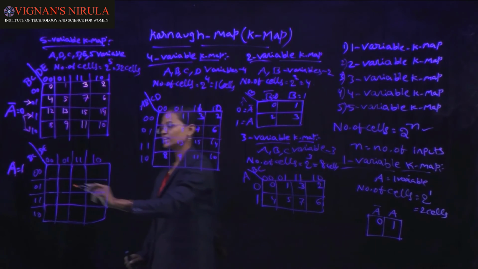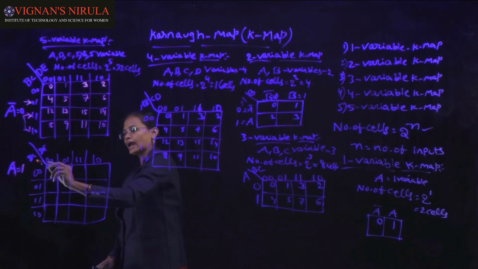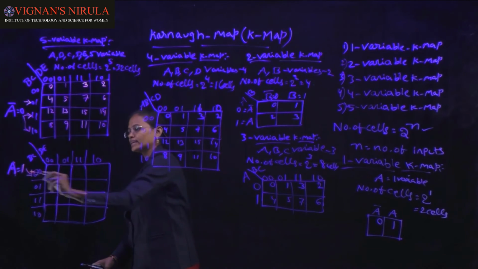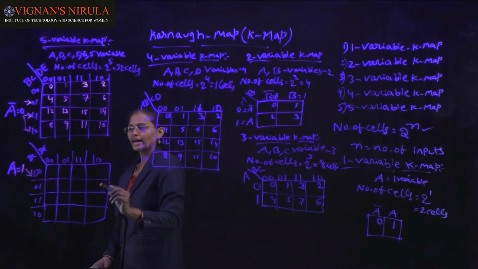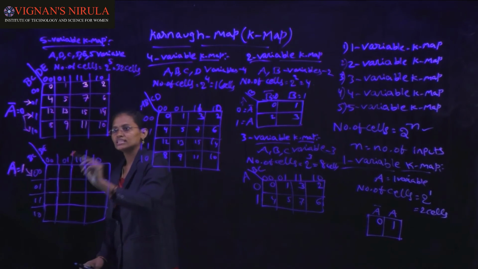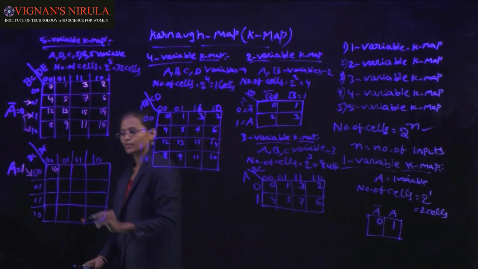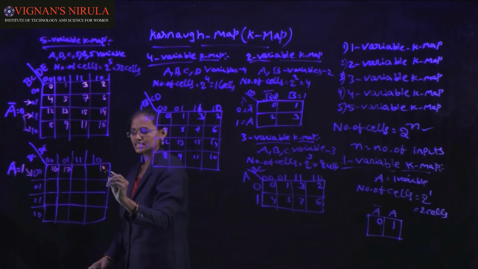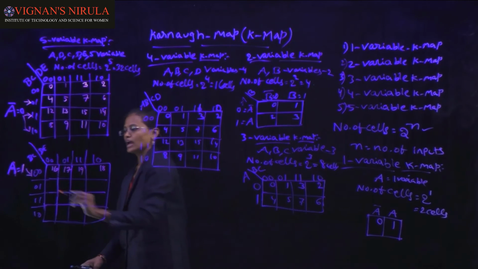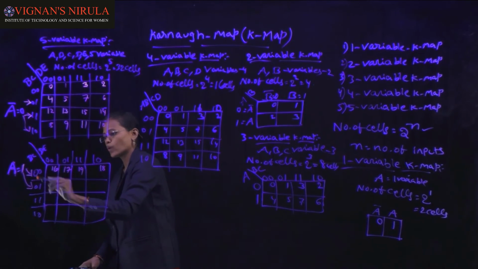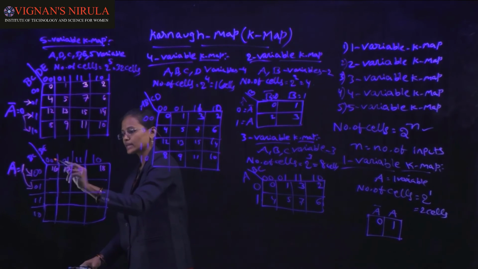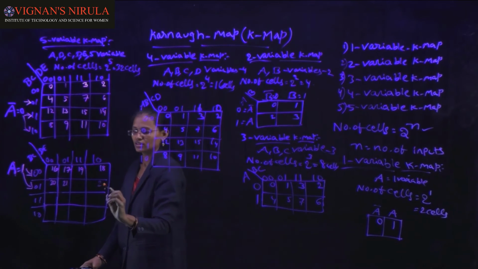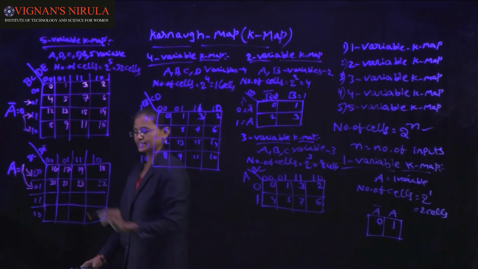And next considering A equal to 1 and B C D E. First you consider this one, 1 0 0 0 0, is cell 16. And this is 1 0 0 0 1 is 17. And this is 18. And this is 19. And next we consider A equal to 1, 1 0 1 0 0 is 20, 21, 22, 23.